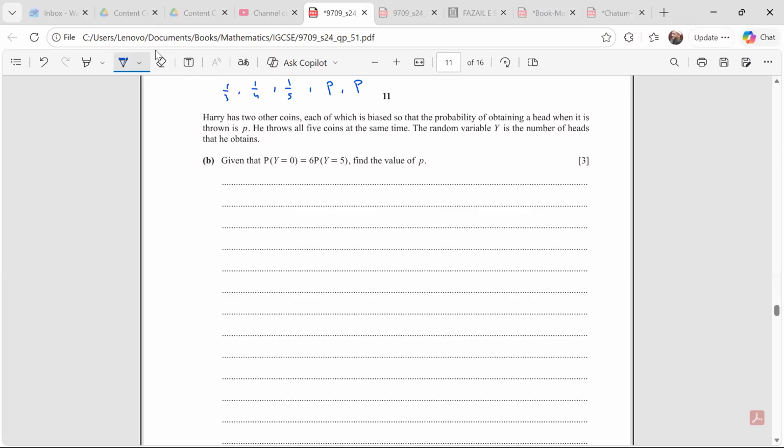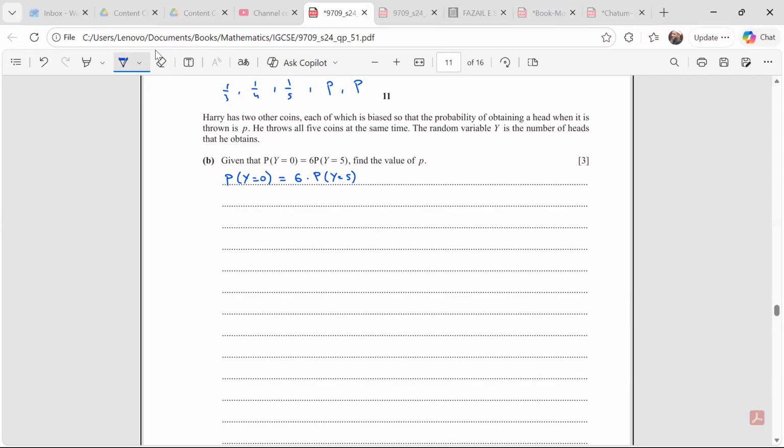Okay, so it is given that the probability that y is equal to 0, when no head is shown, is equal to 6 times the probability that 5 heads are shown. Okay, so using this information, we need to find the value of p.